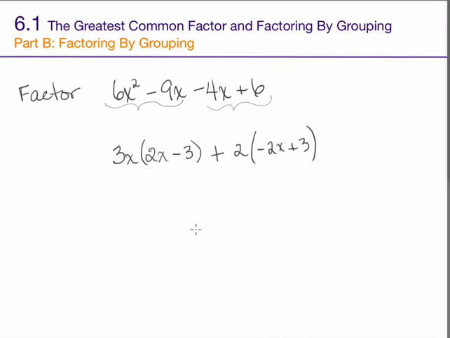An easier way to deal with this is to observe that this minus between the two big groups can just be brought down and placed here as a minus. So let me change that, but that's also going to result in a change in the leftovers. Bringing this down, I'm now asking, what do I need to multiply by negative 2 to get 4x? 2x, because negative 2 times 2x is negative 4x.